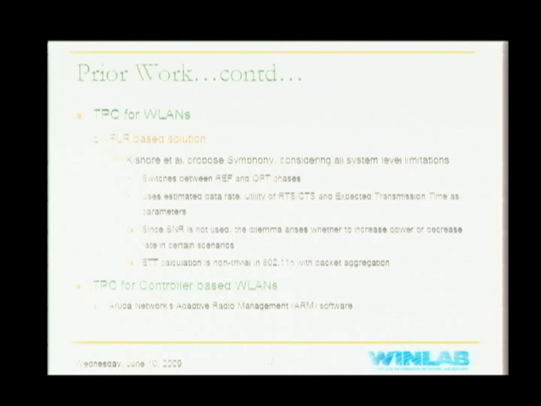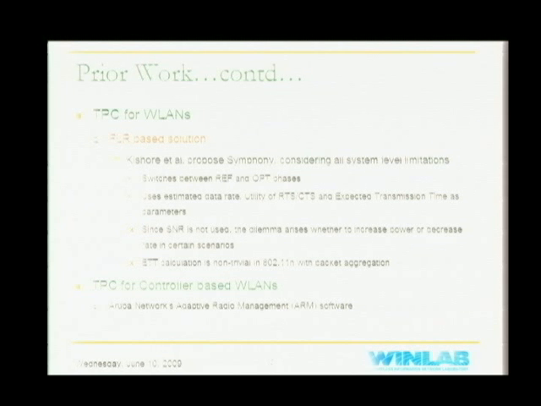But they themselves say that there is a dilemma as to whether to increase the power or decrease the rate in certain scenarios. If there were proper SNR feedback, then such a decision would have been straightforward. And again, the ETT or expected transmission time calculation is non-trivial even in the regular case, and with packet aggregation in 802.11 it becomes very tricky.